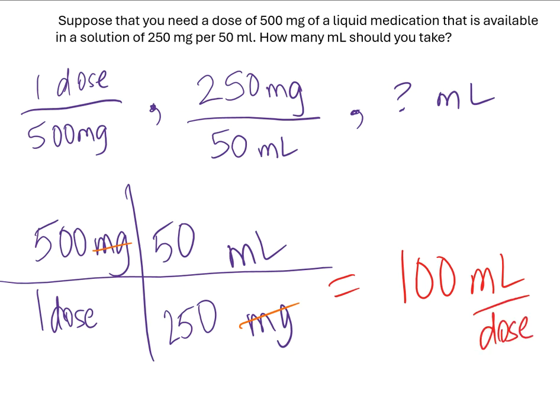So every time a dose is being administered, this patient needs 100 milliliters if they are prescribed 500 milligrams, but what's available is a solution that is 250 milligrams of medication per 50 milliliters of solution. And so this is how you would complete this dosage calculation.